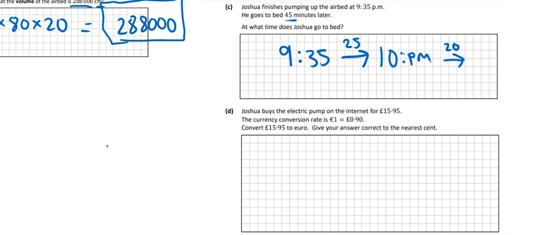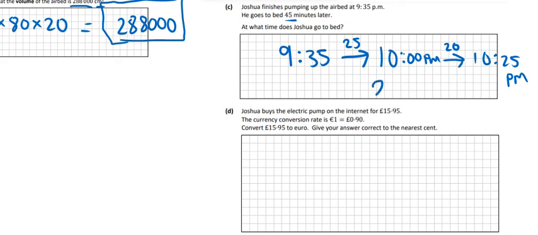So 20 minutes after 10 o'clock would be 10:25 p.m. It doesn't tell you what way to give your answer. We'll just give it as 10:25 p.m. So that should be okay.